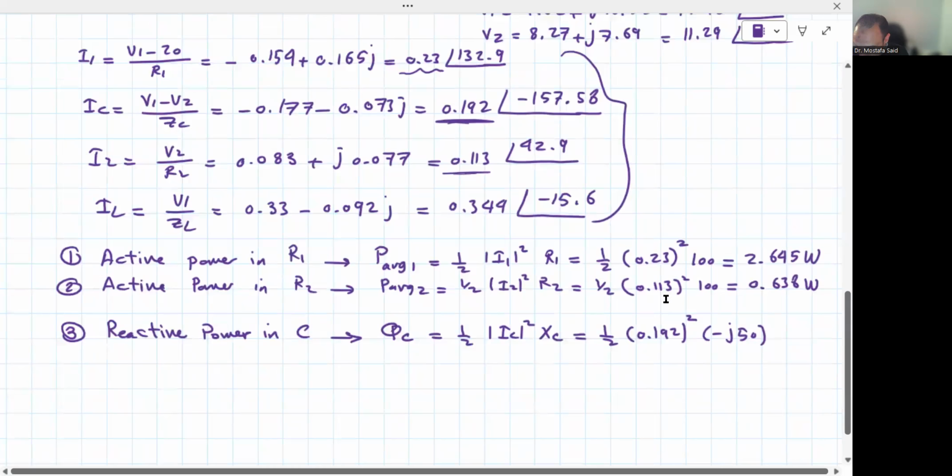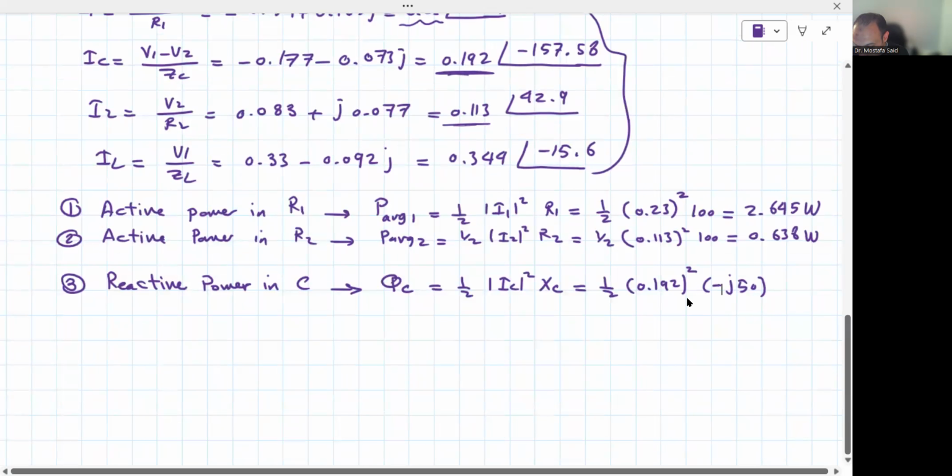Look, this is a constant, multiplied by 50 or minus 50, and you have the j. So let's calculate it. QC is minus 0.9216j, pure imaginary. There is no real part.